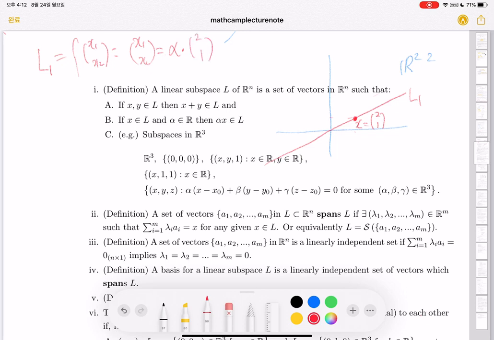So we say L1 is spanned by the (2, 1) vector. A linear combination of this (2, 1) generates this whole space L1.